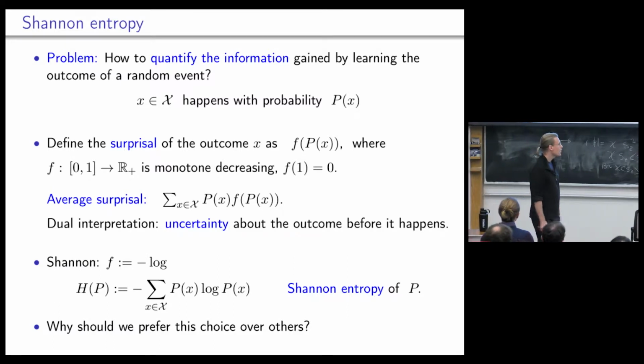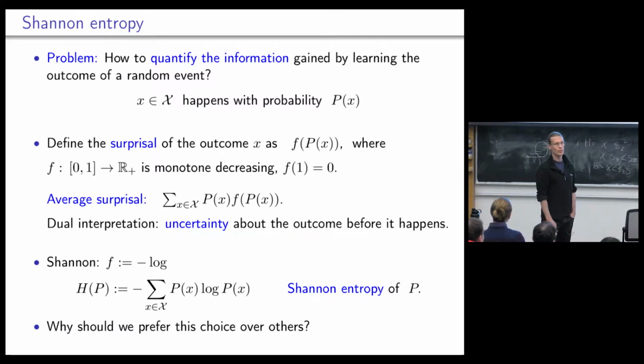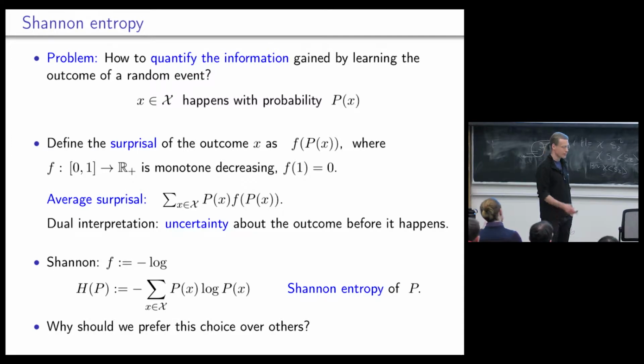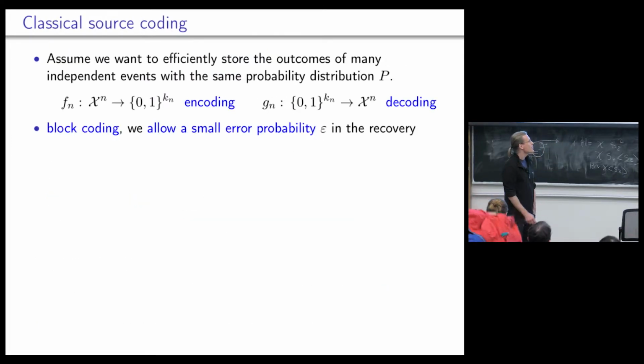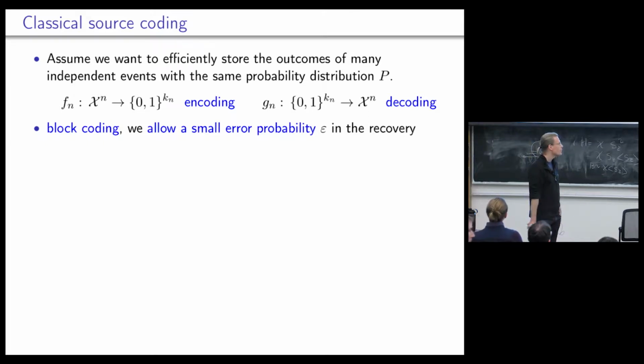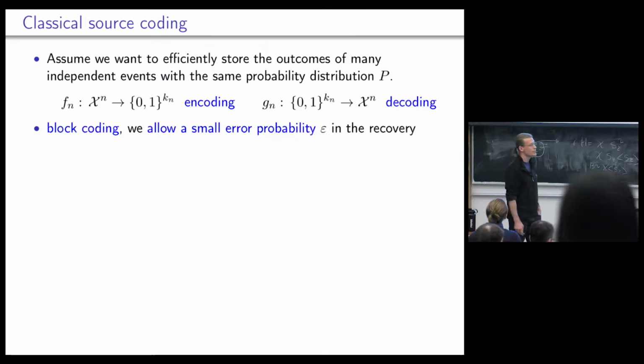And the question is, why is it so well known? So why do we know it very well and not other choices of f? And the reason lies in its operational interpretation that it obtains from source coding, which I will briefly describe. So assume that we repeat this random event many times, and we want to encode the outcomes in bit sequences.